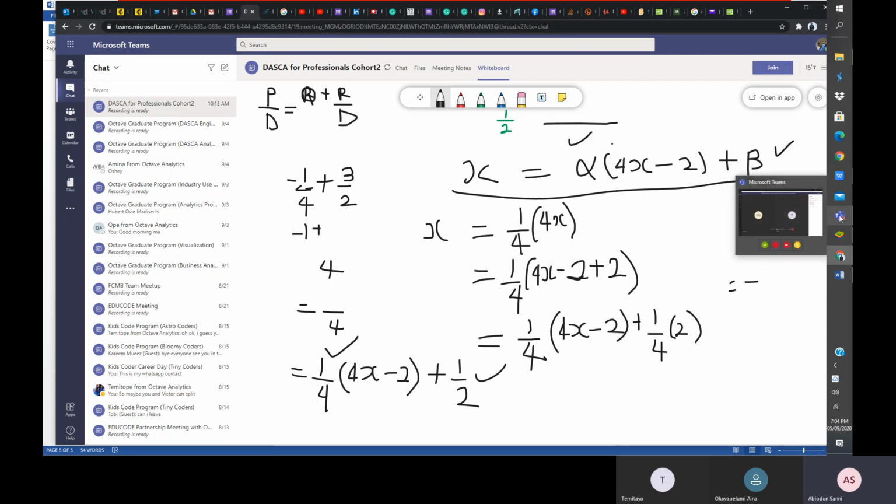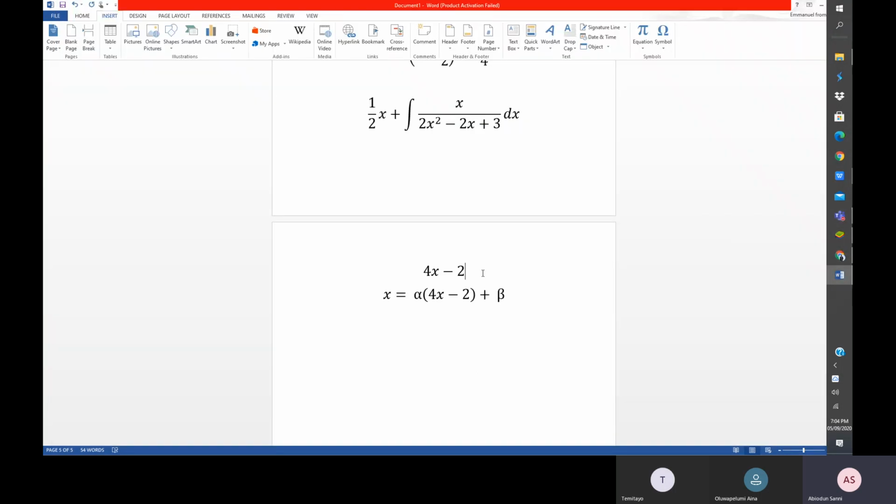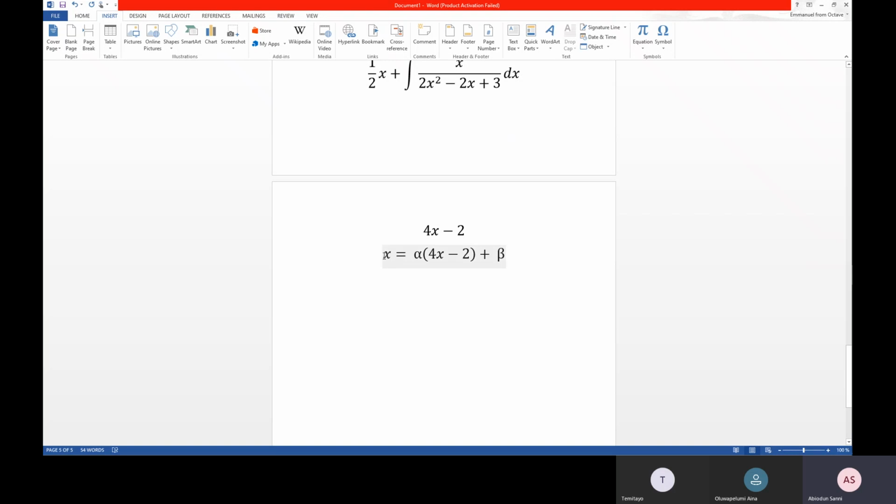So do you get the logic? I will write x to look like something like this. Now, if you expand this bracket, what do we have?